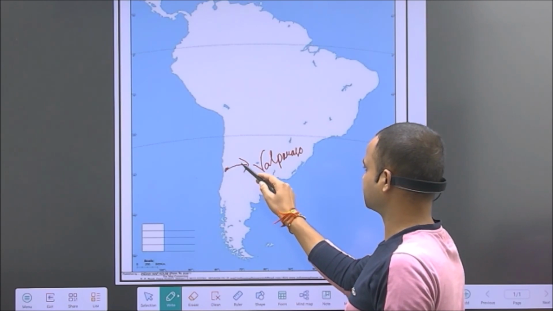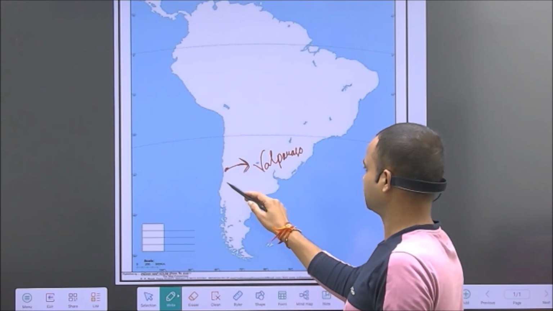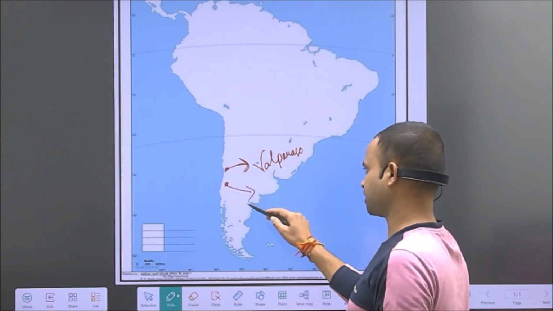If it is Valparaiso, here you can see Santiago.